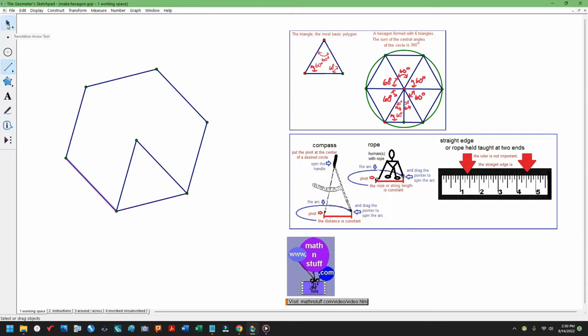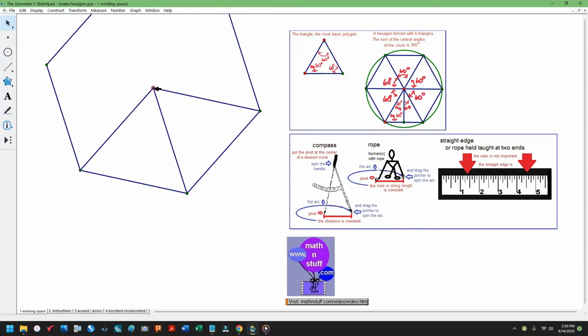They make a hexagon, a beautiful regular hexagon. I'm going to get a little more fancy.